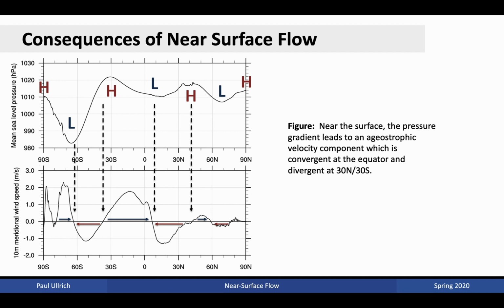The bottom plot here shows the 10-meter meridional wind speed, and as expected, we see convergence of the meridional winds around the equator, around the intertropical convergence zone, but we also see other regions of convergence around 60 north and 60 south, again where we have these low pressure regions in the near surface. And if you look for regions of divergence, we see that around the subtropics at about 30 degrees south and 30 degrees north.